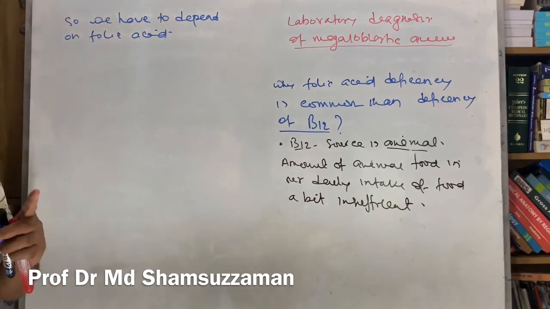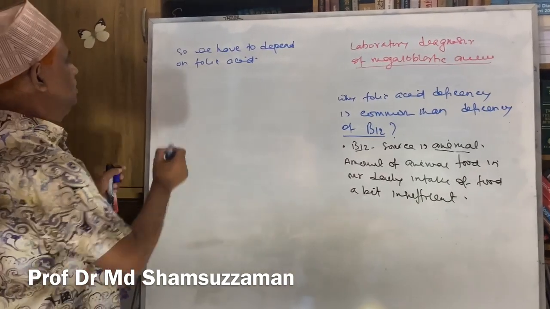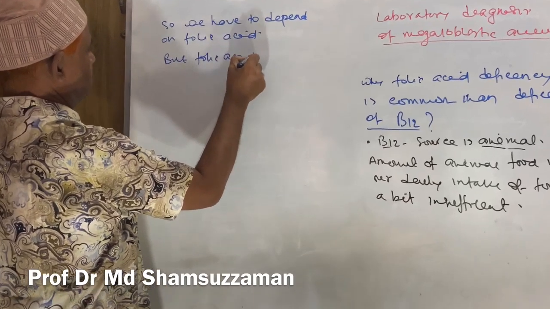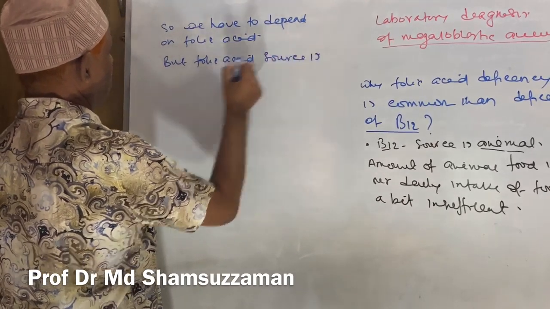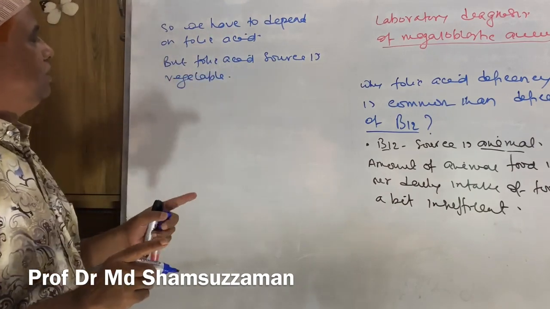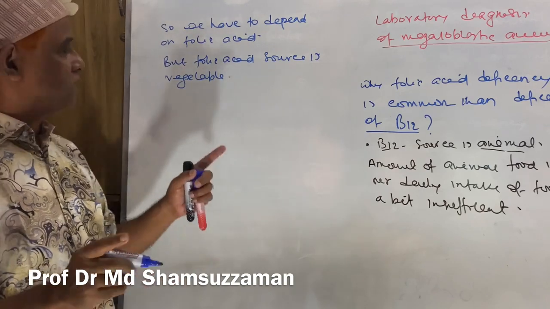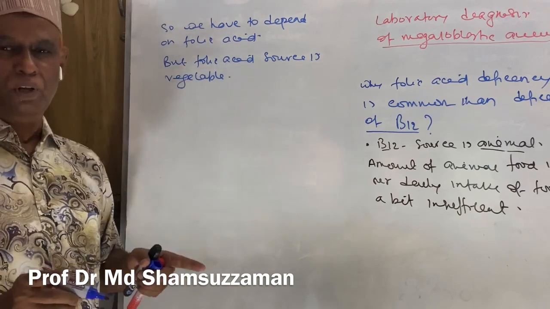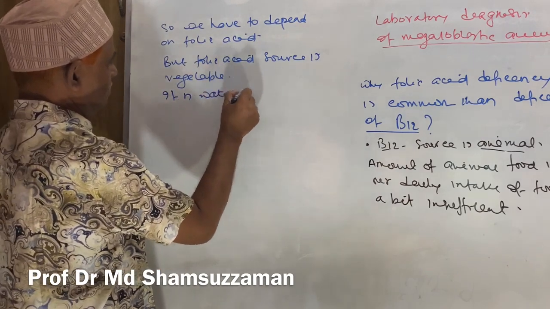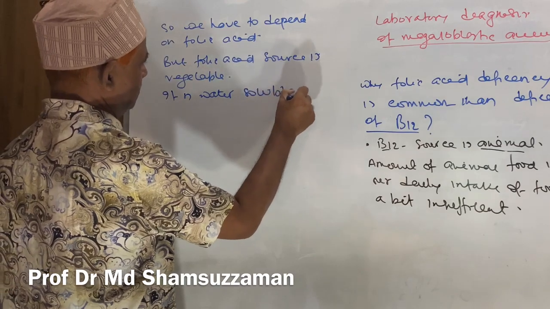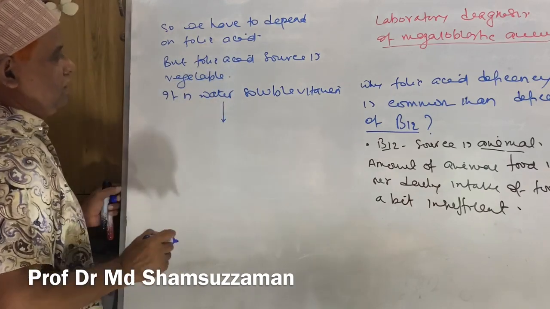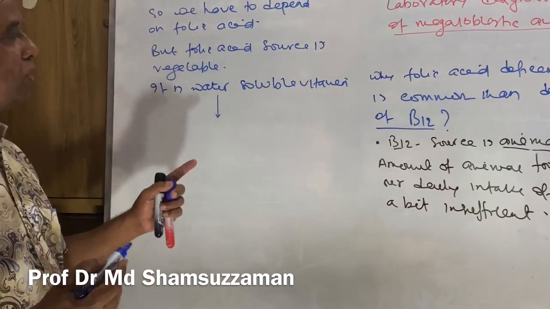But you know, folic acid source is vegetable. As folic acid source is vegetable, and as folic acid is a water soluble vitamin, the folic acid is lost from our vegetable.